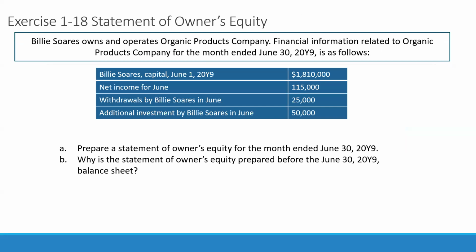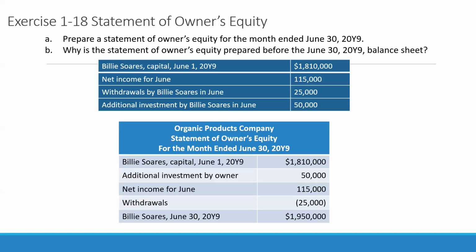So it says prepare a statement of owner's equity for the month for June 30th. Really, the only thing that would have to be done to make this into a statement of owner's equity is put a minus sign in front of the withdrawals and then total it up at the end. That's really all you would have to do. And the ordering, the withdrawals would be last.